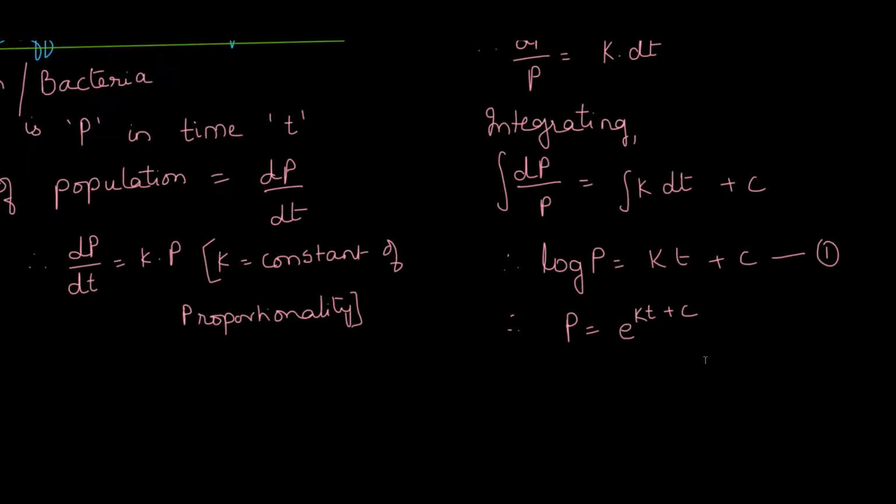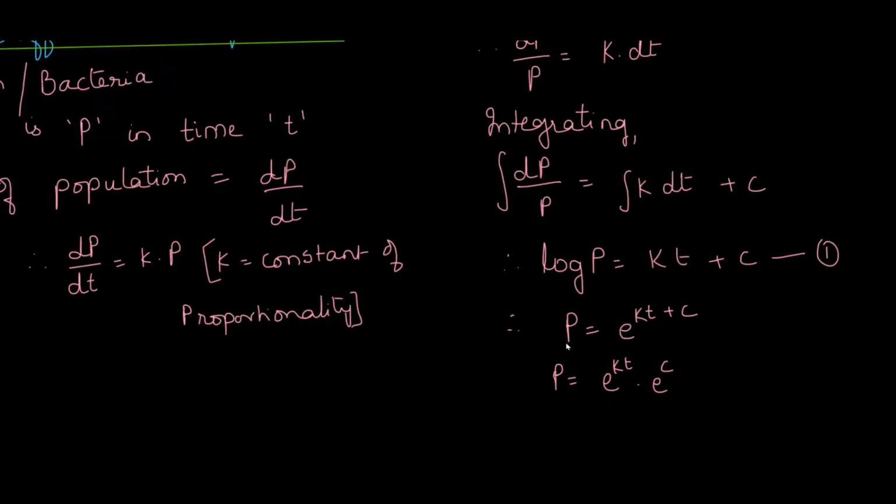Now let us modify this equation a bit more by writing P is equal to e raised to kt plus c. Let us separate kt plus c by writing e raised to kt into e raised to c. You know that when two same numbers are multiplied together, their powers are added. So that is how we get this particular thing.